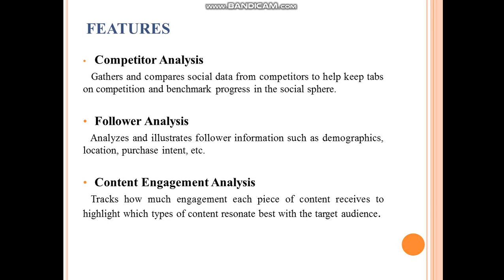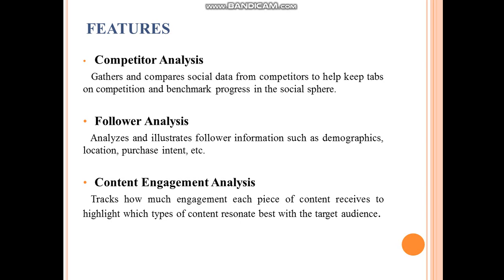It shows you all the information about your competitors available on social media, which gives you the new trends in your business and benchmarks your progress in the social sphere. Among all the competitors, it gives you information on what your rank is and what you have to work on.